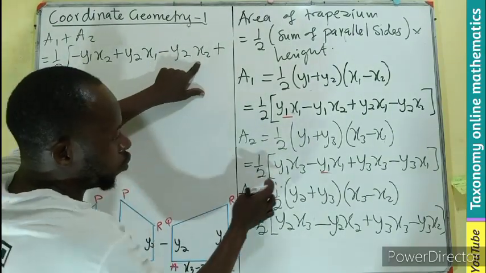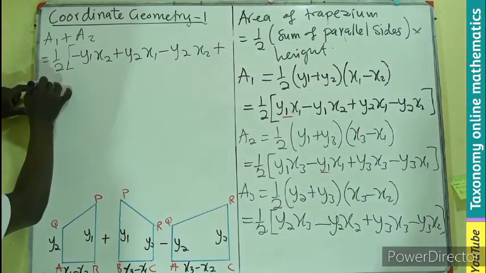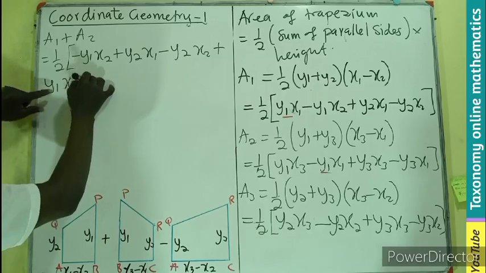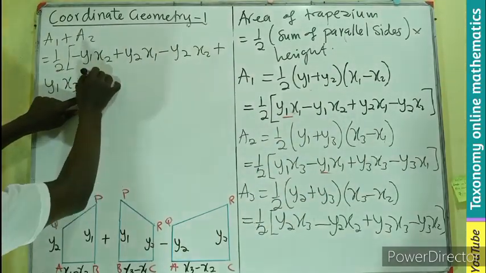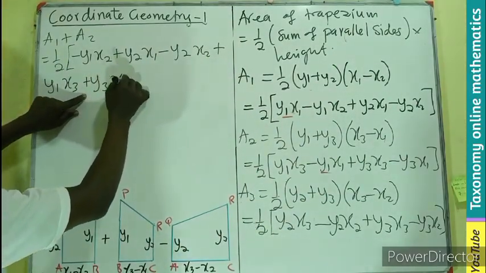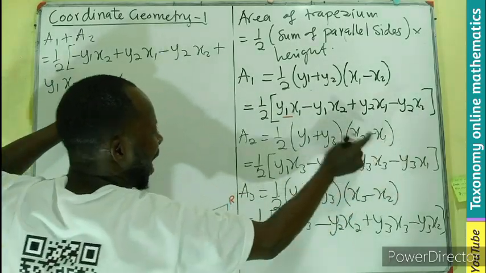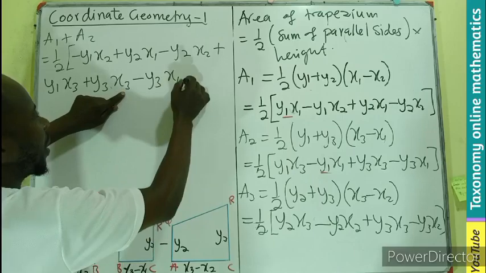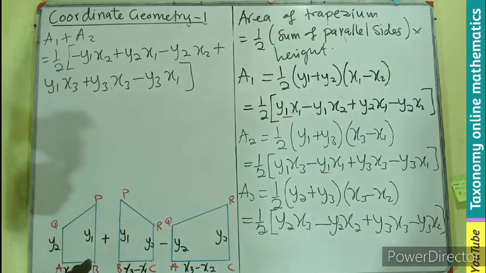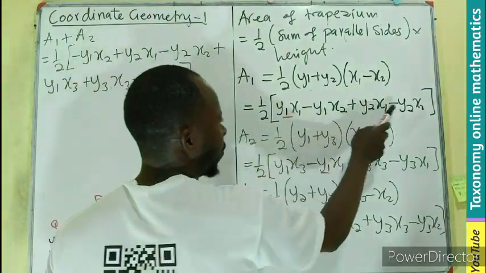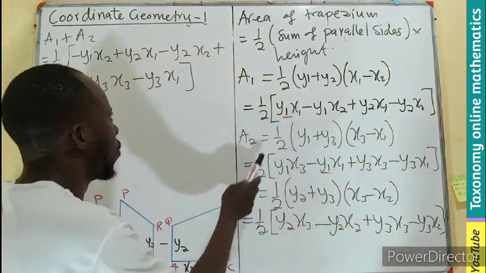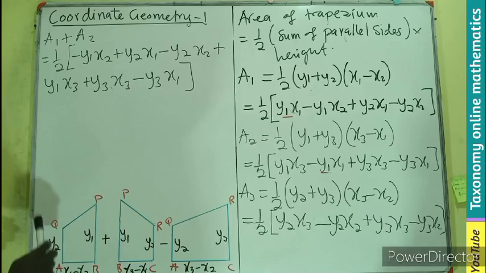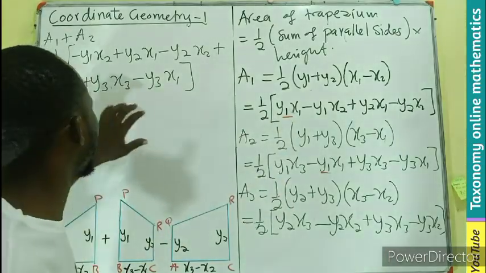That will be added on to y1 x3, added on by y3 x3, then we add minus y3 x1. These are additions. We have 1, 2, 3, 4, and 1, 2, 3, 4, and 2 is gone. So instead of 8, we need 6.